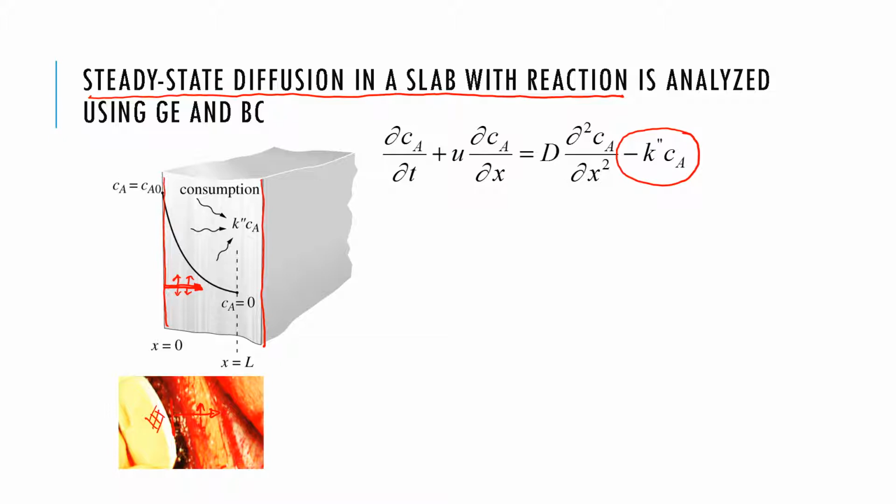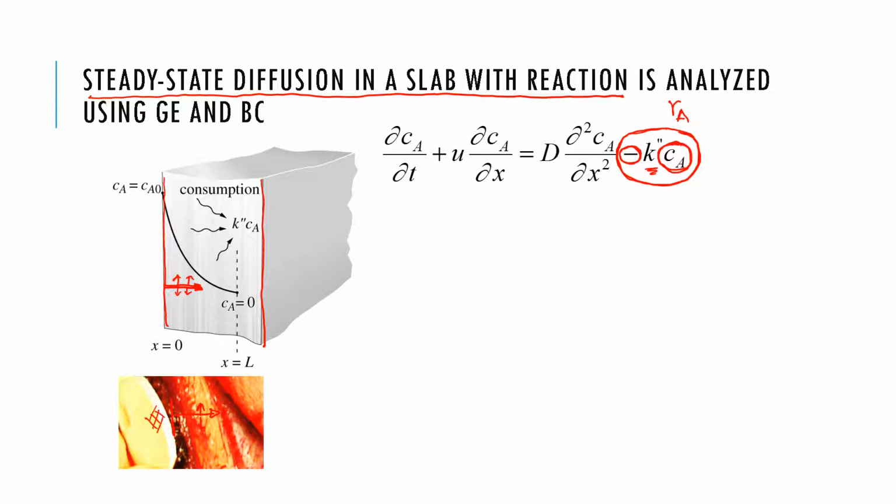That's why the term normally we write R_A, the reaction term, has been set at minus k double prime, which is the reaction rate constant. k double prime is the reaction rate constant multiplied by concentration. That's what makes it first order. It's proportional to the concentration, but it's a consumption term. It's being used up.